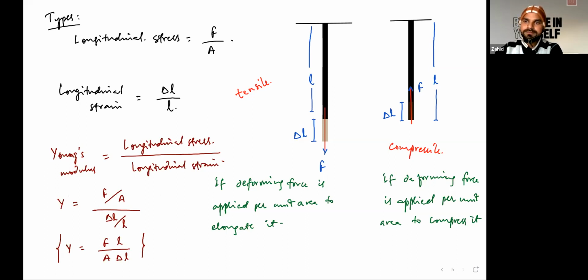Is it clear? Yes, sir. Next, since this Young's modulus is defined along its length, it is also called elasticity in length for that particular object.